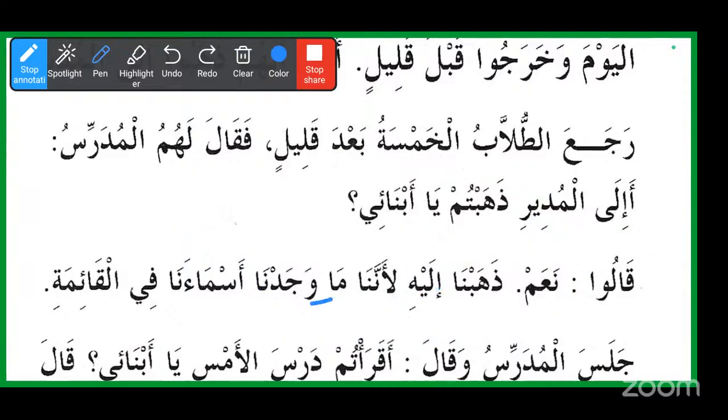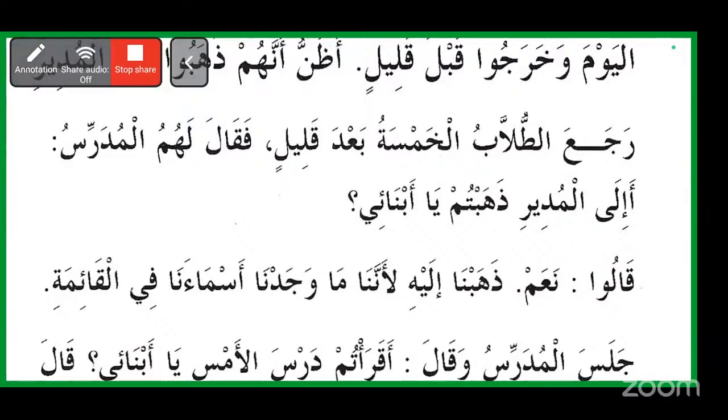Asma'ana, our names. Fil qa'imati, in the register. ذهبنا إليه لأننا ما وجدنا أسماءنا في القائمة.